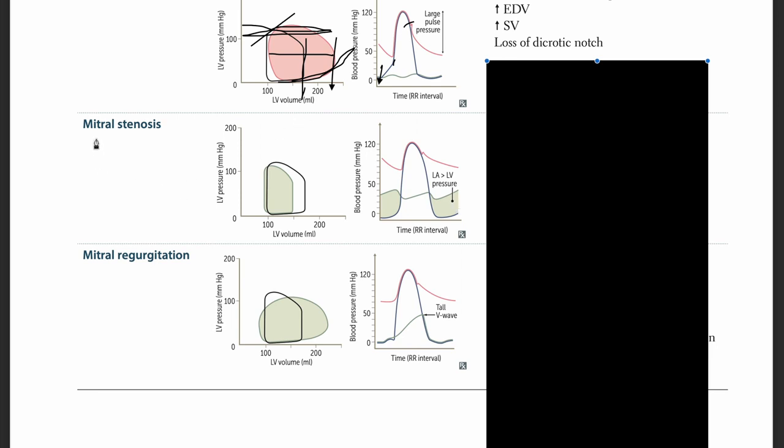Okay. We have mitral stenosis. So here there's going to be a problem with the preload, right? So right off the bat, the preload is decreased. Preload was at 150, and now it's at like 150 from 180 or 185. So that's a decrease in diastole.